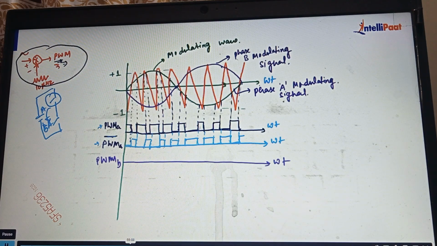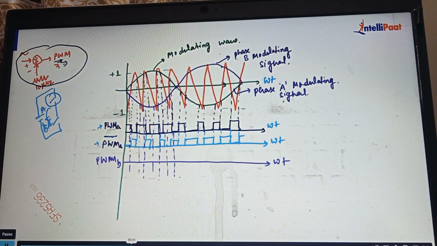So if we take the intersection again and follow the same pattern, let's draw the signal for these intersecting points for this waveform. Let me take a different color. No, it's okay.